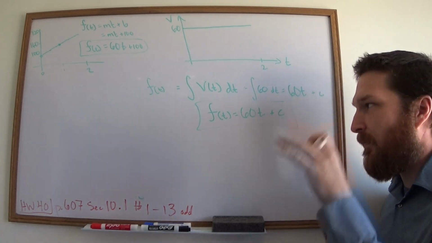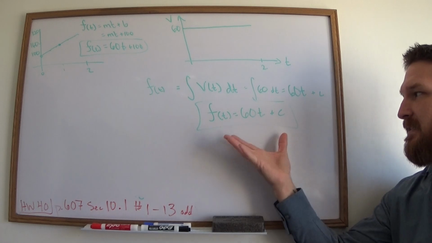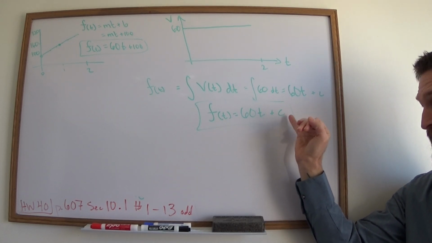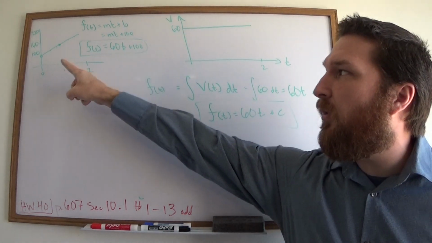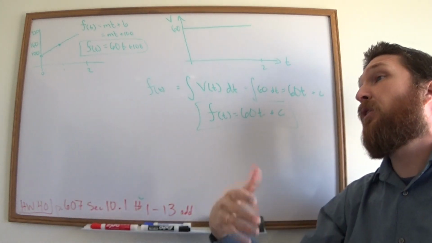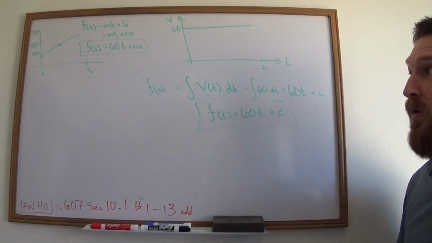And I really want to drive this point home. All you need, because you're only missing one value here for C, is any one point along here. Let's just say that all he knew was that he happened to look out the window at exactly 1 hour and saw that we were at mile marker 160.